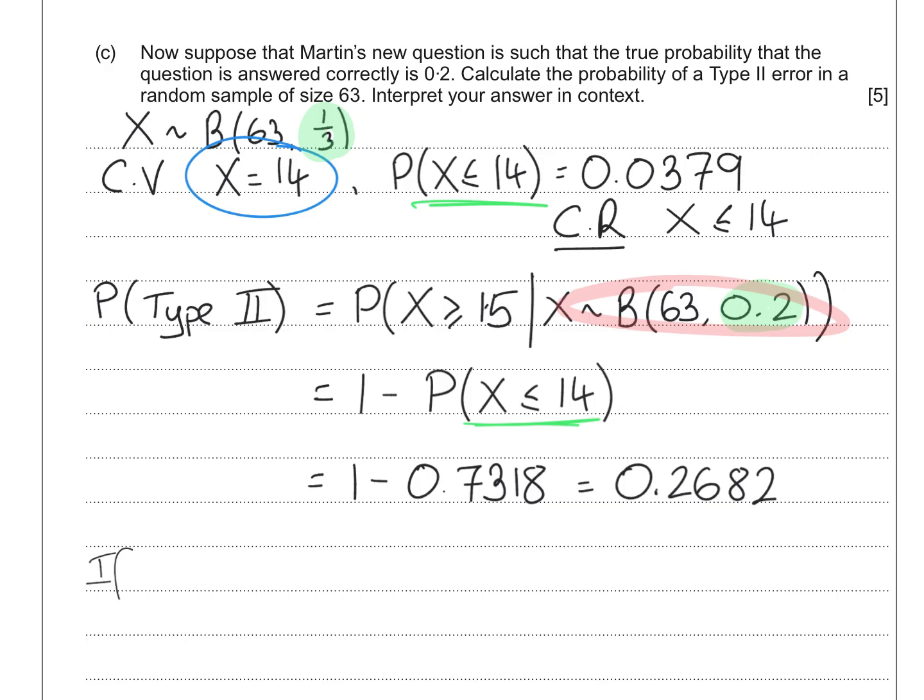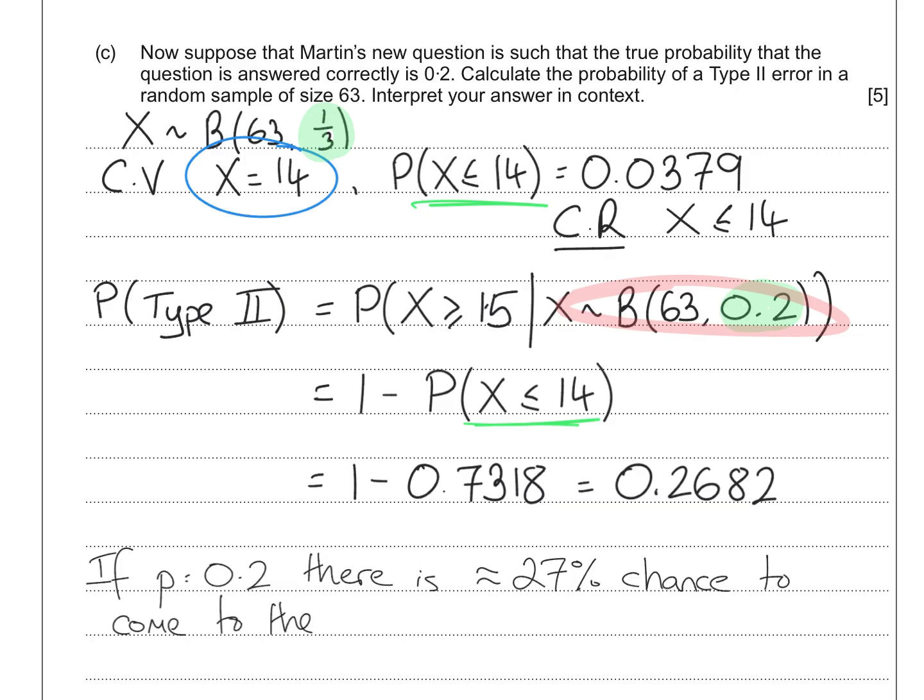So if P equals 0.2, there is approximately 27% chance to come to the wrong conclusion. Okay, which I would say is quite high.